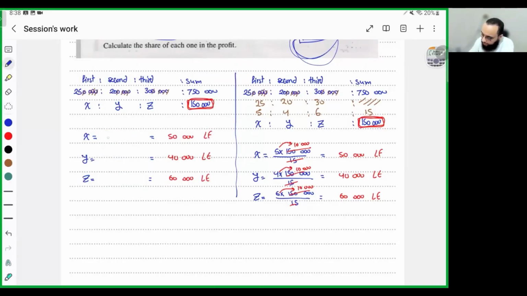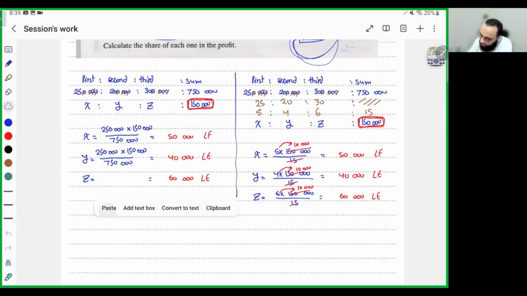Right now, it's gonna be 250,000 times 150,000 over 750,000. And the same. Only we have to change this part. This is 200,000 and this is 300,000.